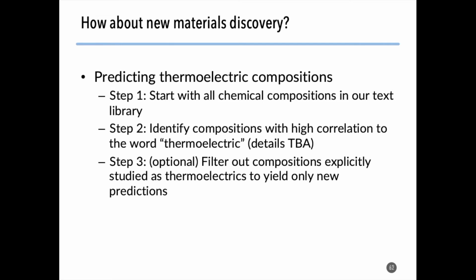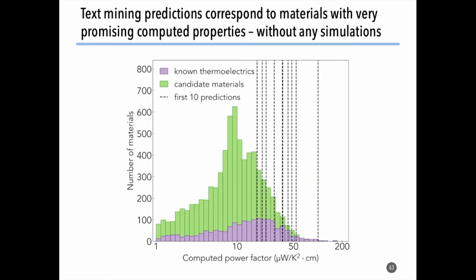One verification that this works is that we compare text mining predictions of compositions with high correlation to thermoelectrics with independent computations. I mentioned that big database of thermoelectric property computations we did before. Here's a distribution of computed power factors for about 20,000 different materials. They peak around 10 or something like that.